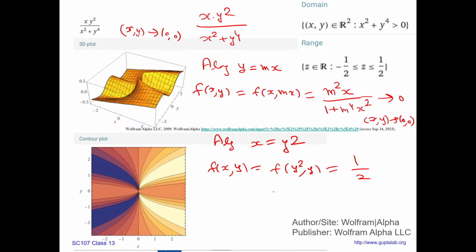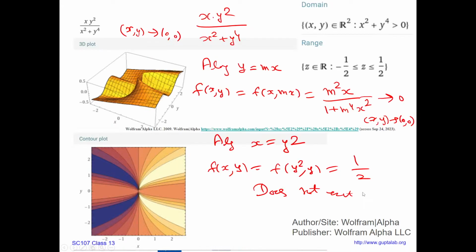So the limit does not exist, because in the previous case it turned out to be 0, and in this case it is half, so the limit is different, right? If you are able to find two paths whenever x comma y approaches a comma b and the limit is different, it means the limit does not exist, right? Fine. So I gave you some flavor of this limit. Now let us see one example.